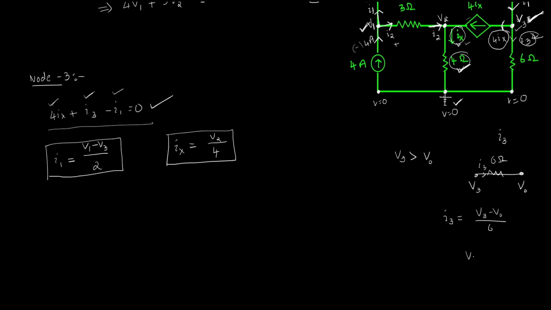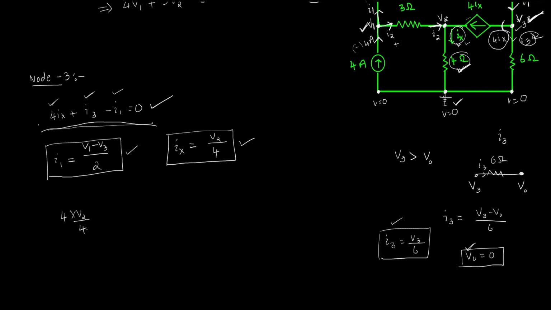We already know that V0, the reference node, equals 0. So the current I3 becomes V3 by 6. So substituting this and this in this current equation, we obtain 4 into V2 by 4 plus V3 by 6 minus (V1 minus V3) by 2.